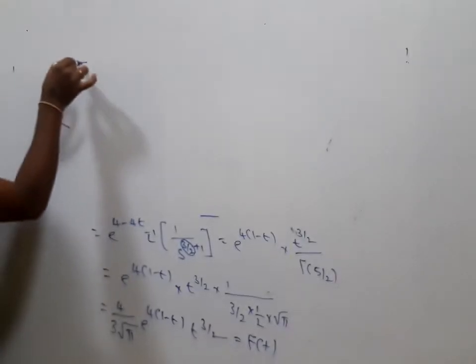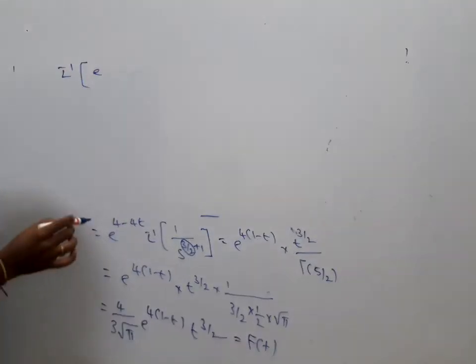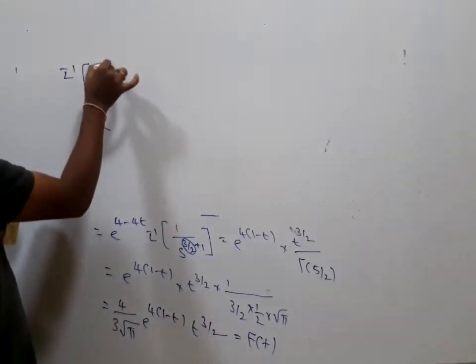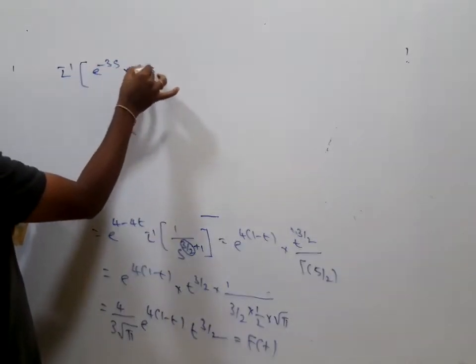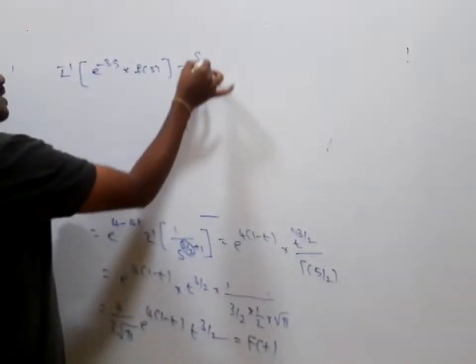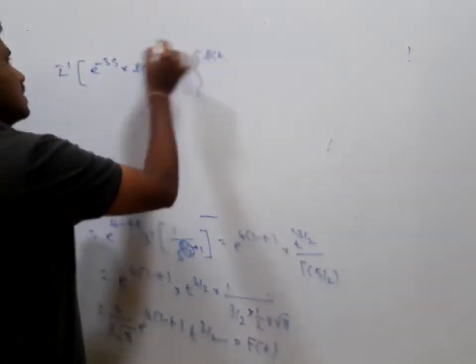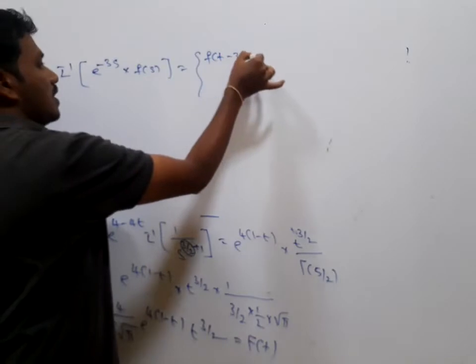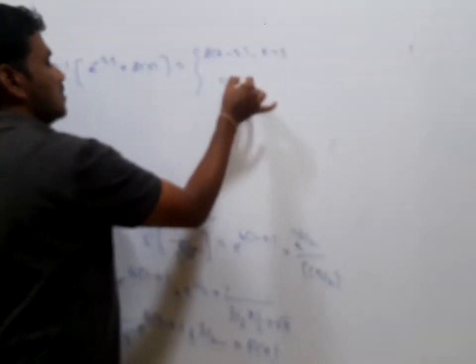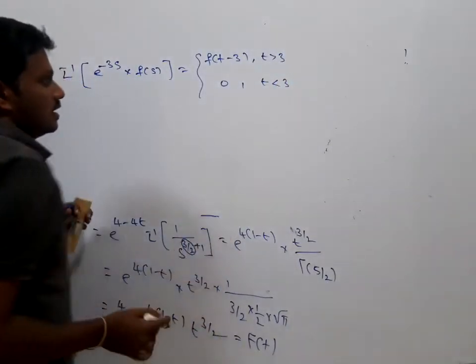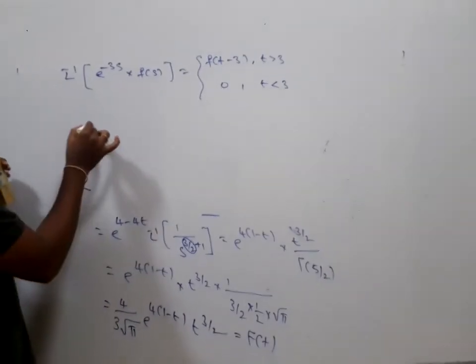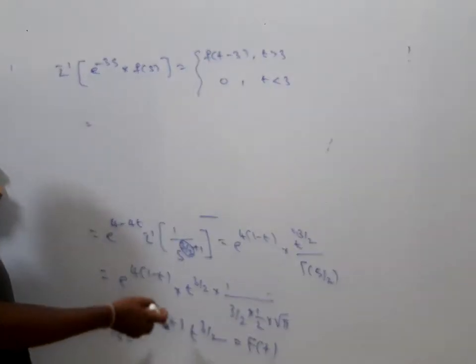Inverse Laplace transform of e to the power of minus 3s into f of s is f of t minus 3 for t greater than 3, and 0 for t less than 3. Yeah, which is equal to your f of t that we have, no?